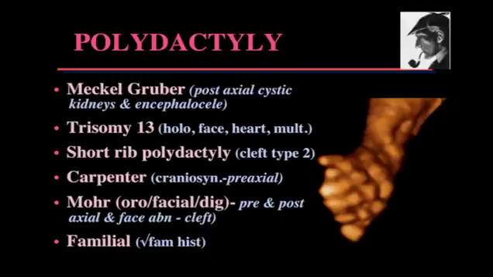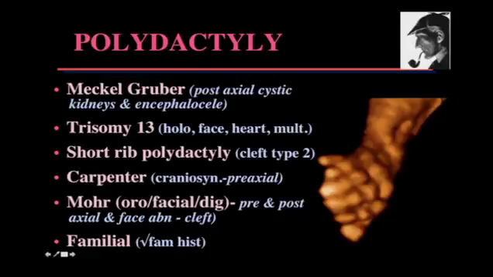Now, the sentinel feature there is that not only do we have polydactyly, but we also have a skeletal syndrome. And in type 2, you also have a central cleft, and that really nails the diagnosis of type 2 short rib polydactyly syndrome, which is called Majewski syndrome.